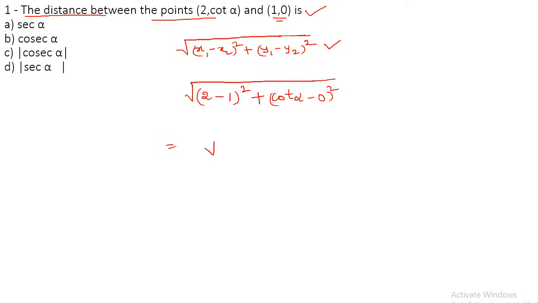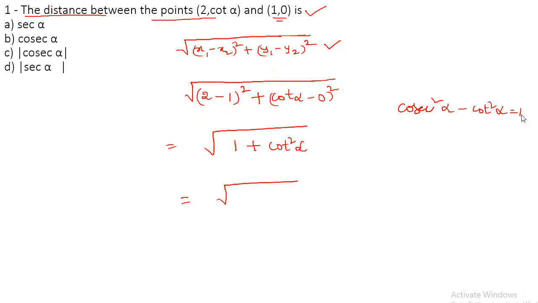So this is equal to root of 1 plus cot square alpha. We know cosecant square alpha minus cot square alpha is equal to 1. This is a trigonometric identity.